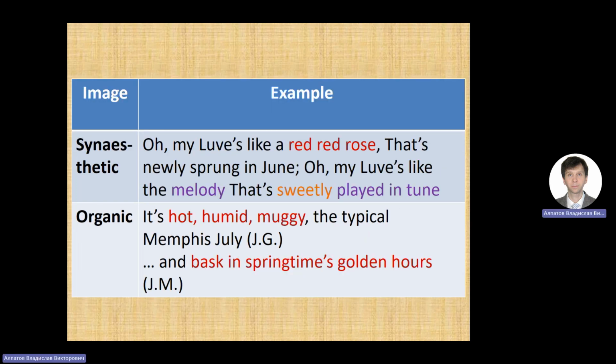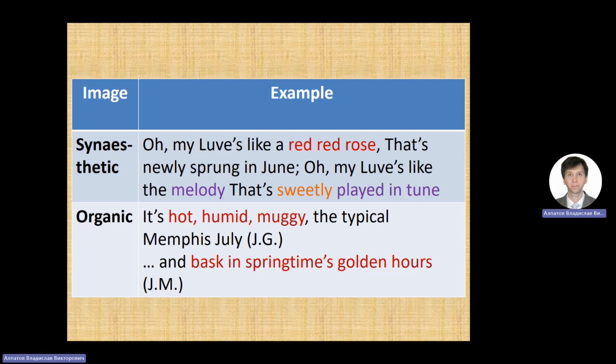Now, two more sophisticated examples of imagery is synesthesia. We talked about that when we talked about synesthesia in metaphor, synesthetic metaphorical epithets. That's when input from various senses works together.